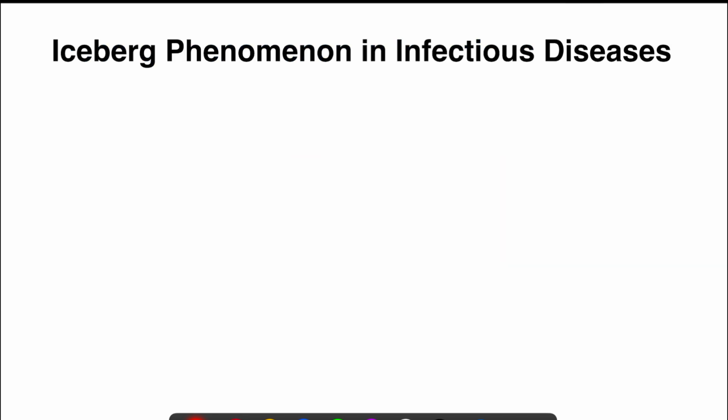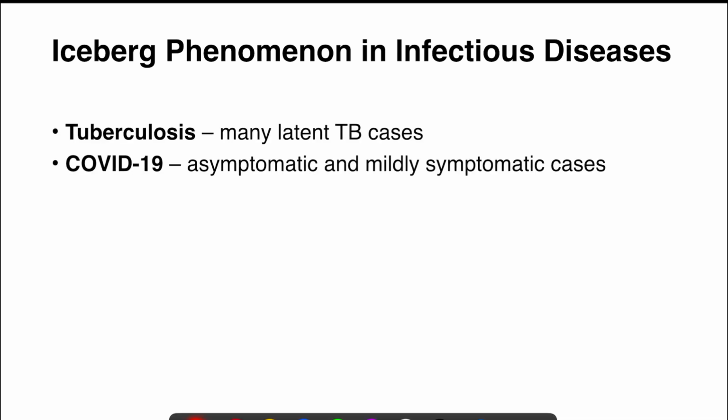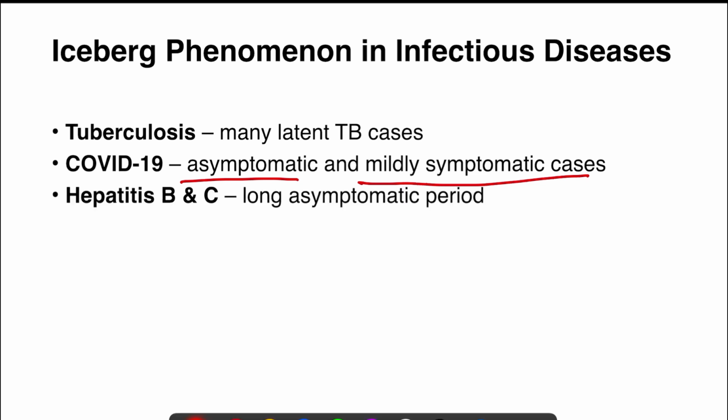The iceberg phenomenon may be seen in infectious diseases and in chronic diseases. There are many examples, like in tuberculosis, many latent TB cases occur. In the COVID-19 pandemic, we have seen that many cases were asymptomatic or mildly symptomatic. There is a long asymptomatic period in the cases of hepatitis B and C, and similarly in the case of HIV, there is a long asymptomatic phase.